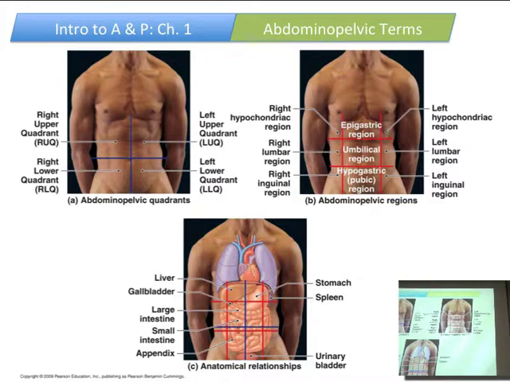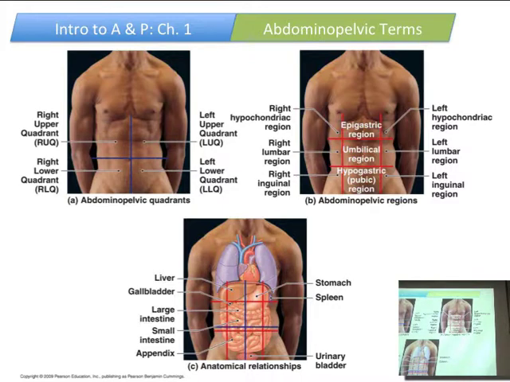Break the word down. What's hypo mean? Less, below. Yeah. And then, does anybody know what the word chondriac might mean? Chondrosis? Chondral? Does anyone have a guess? No? Never heard that term?